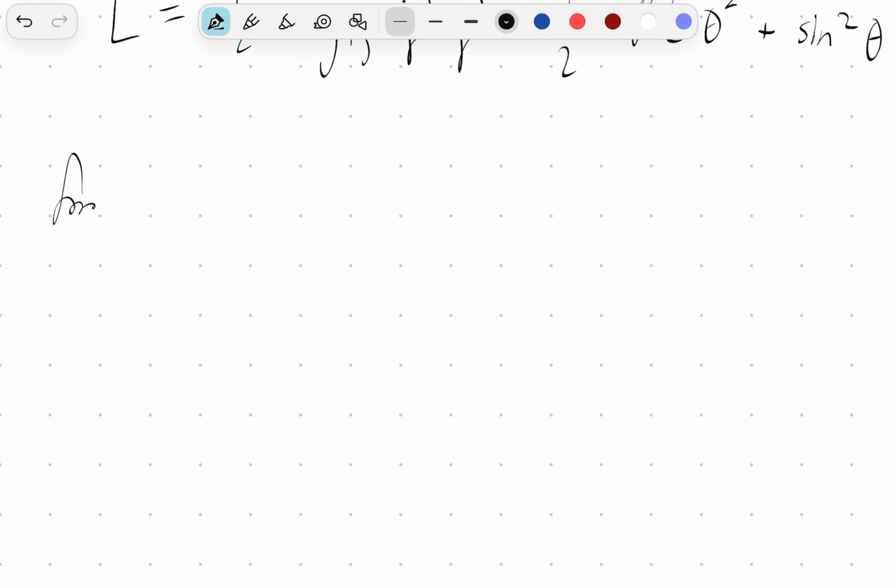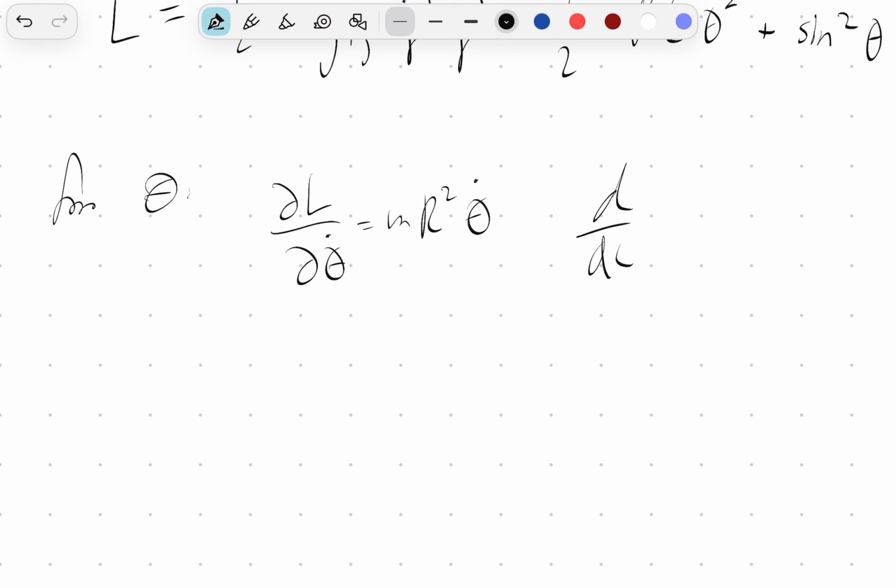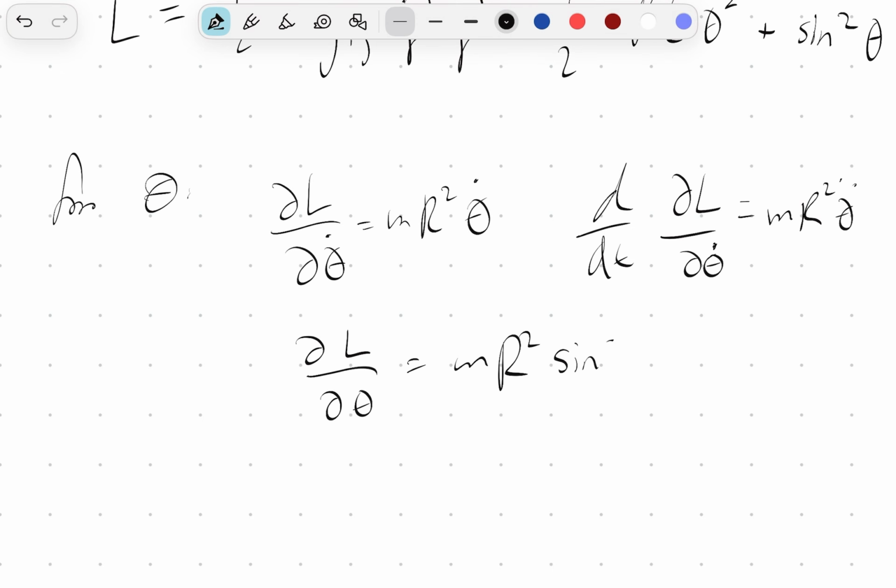So, for theta, we can have the derivative of the Lagrangian here with respect to theta dot to be mr squared theta dot, and the time derivative of this to be mr squared theta double dot, and the derivative with respect to the theta coordinate, sine theta cosine theta phi dot squared.